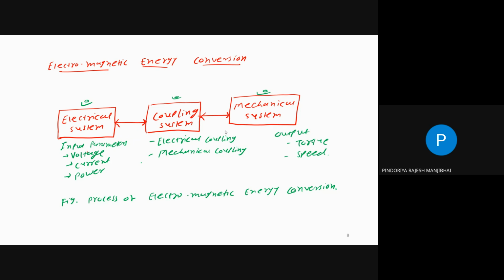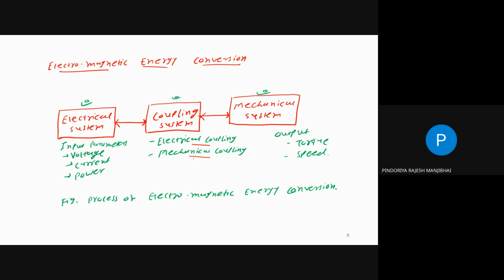One more question for you, for all of you students. We can say electrical coupling and mechanical coupling. Which one is better and which one is fast? Any idea? We have two couplings, electrical coupling and mechanical coupling.